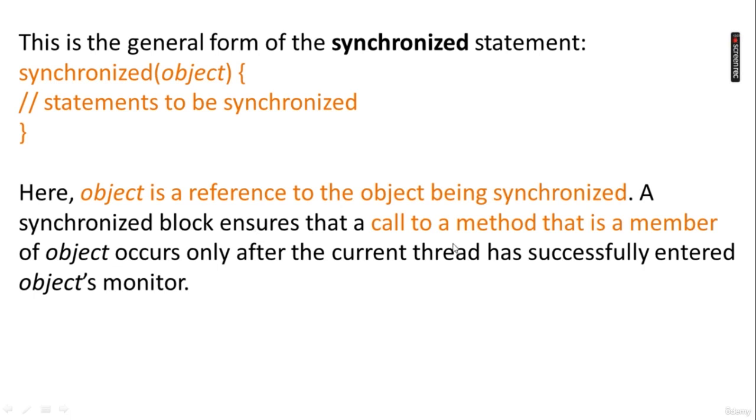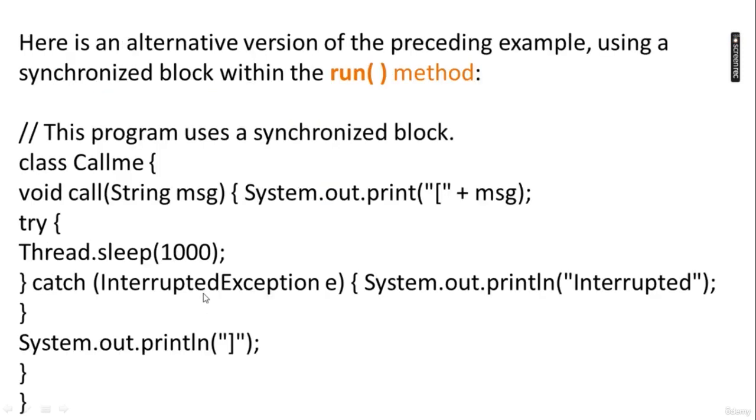A synchronized block ensures that a call to a method that is a member of object occurs only after the current thread has successfully entered the object's monitor. Okay. What does that mean? A synchronized block tells that a call to a method that is a member of an object occurs only after the current thread has successfully entered the object's monitor.